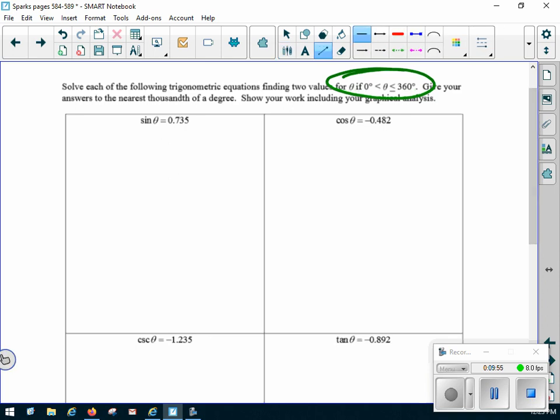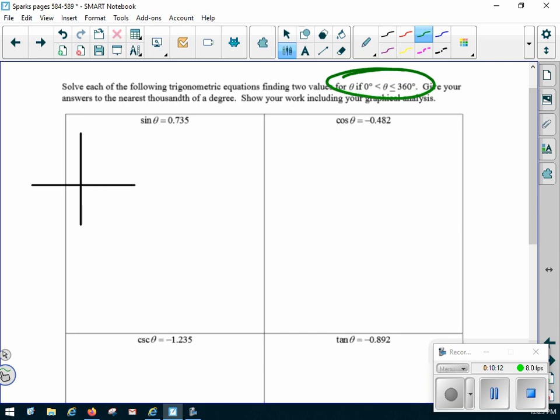The first thing you're going to do is, what quadrants am I going to be in? This sign is positive. What quadrants have a positive sign? 1 and 2. By golly, I'm going to be in quadrant 1, and I'm going to be in quadrant 2.